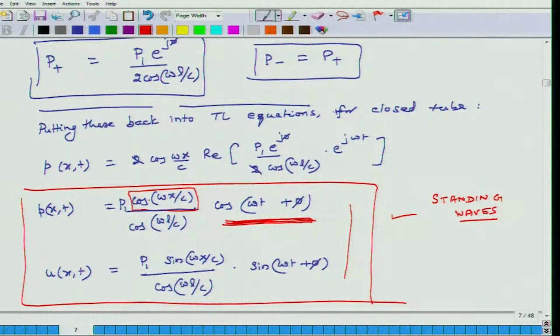Okay. So what that means is that at that value of x where omega x over c equals pi over 4, the amplitude of this entire portion will be P1 times 0.707, and this amplitude will vary from one value of x to another.